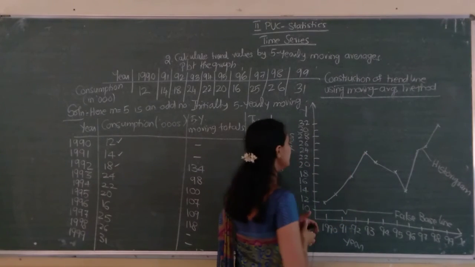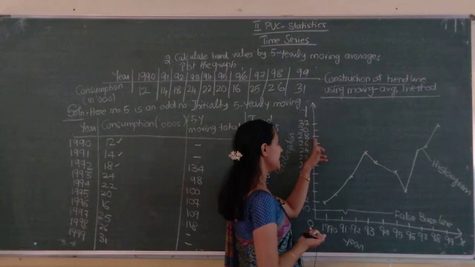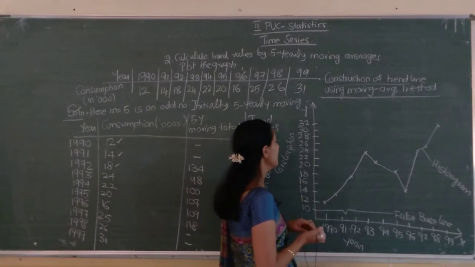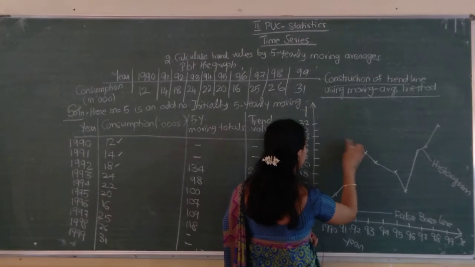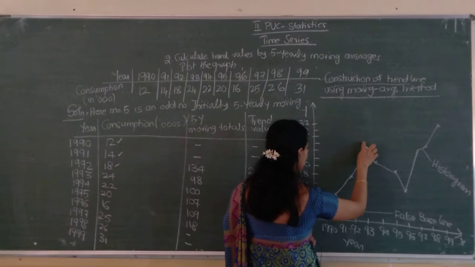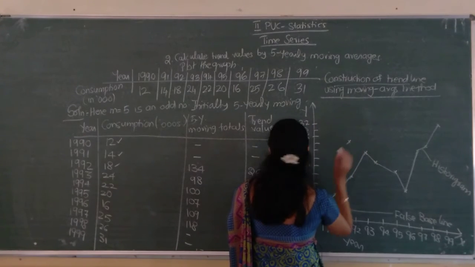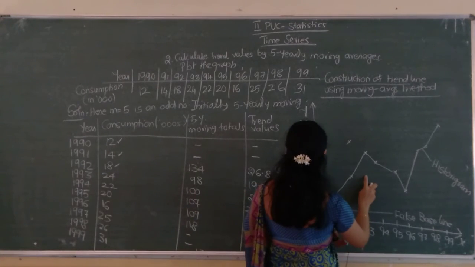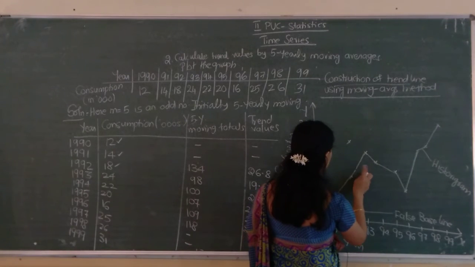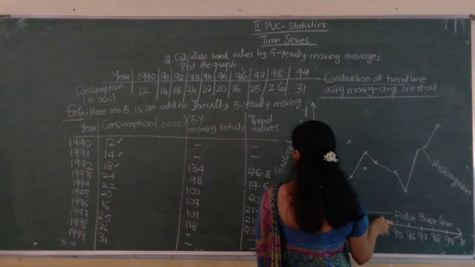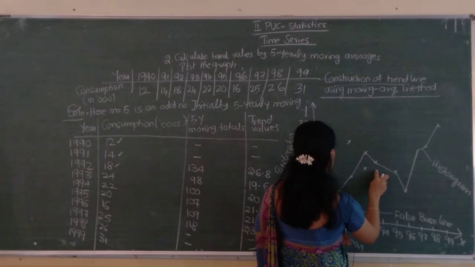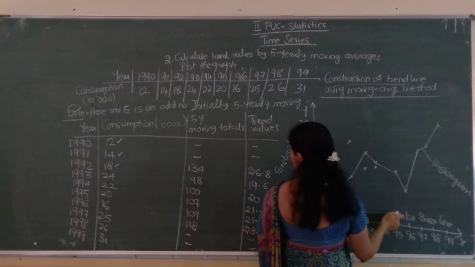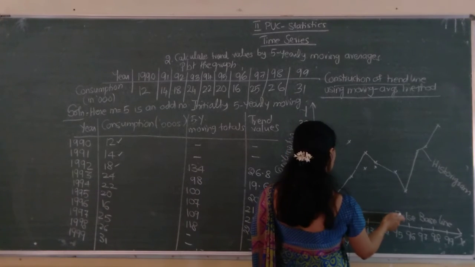We want to get exactly 26.8. If 27 is here, then 26, 26.2, 0.4, 0.6, like that 2 units each. So 0.8 would be just at the third line, corresponding to 92. Next, 1993 it is 19.6. For 1993, 19.6. 18, 19, 19.6. Next 94, 20. Next 95, 21.4.